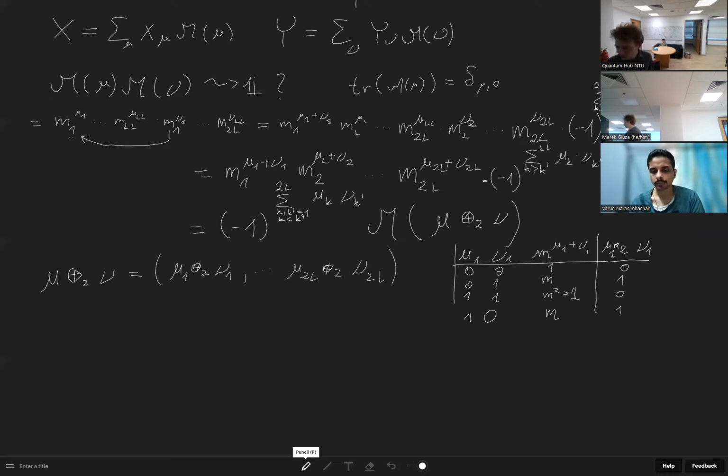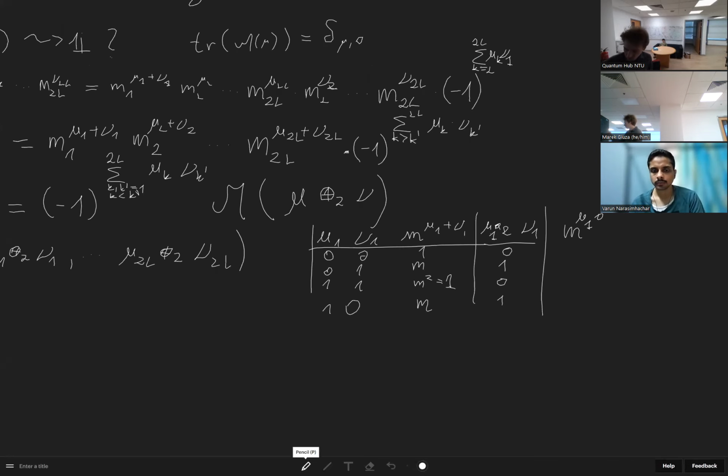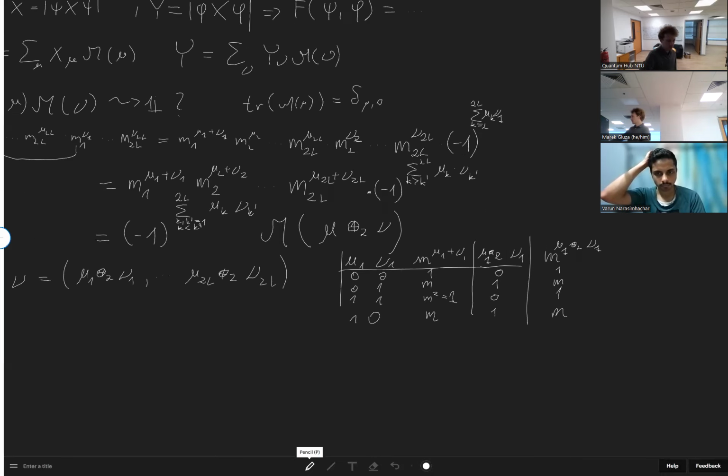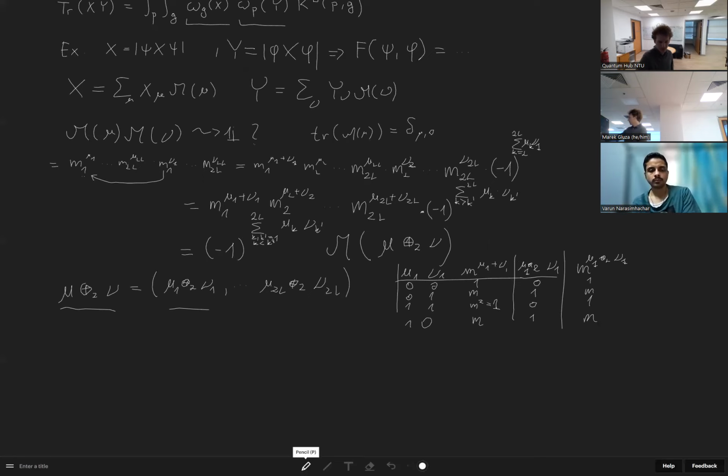So we can also write this as m to the mu1 binary summation nu1, because it will do exactly the same thing. That's what this expression means: we do it for every entry, and we wrote the definition of that one here.